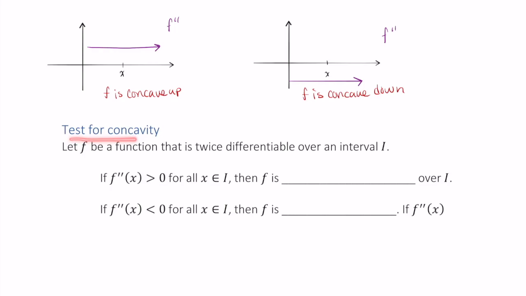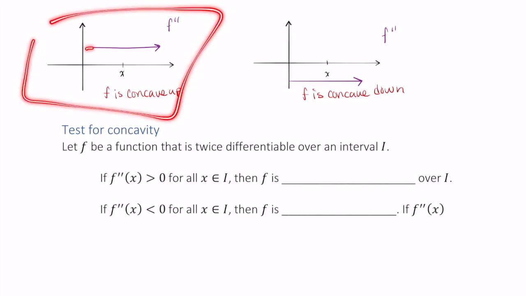The test for concavity: let f be a function that is twice differentiable over an interval I. If the second derivative is greater than 0 for all x on that interval, then f is what? So which one of these has a second derivative that is greater than 0? If you said this one on the left, you're correct. Our second derivative here is above the x-axis.